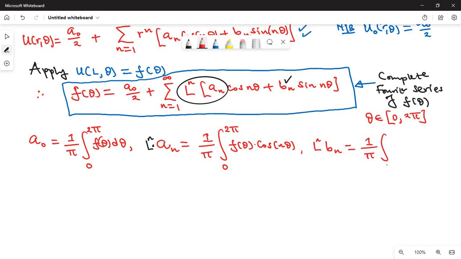the integral from 0 to 2 pi of f of theta, and I did not write here d theta, so let me insert it, d theta. f of theta, then there is sine n theta, d theta.